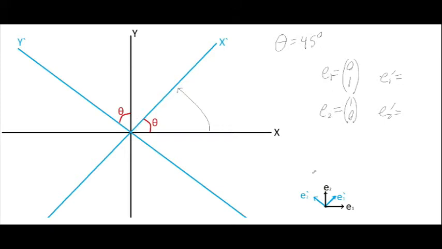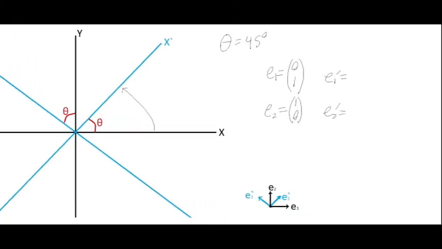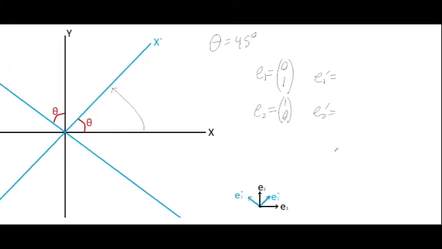I talked about in the previous video that to perform a rotation we will use a matrix that looks like this: cosine theta, sine theta, negative sine theta, and cosine theta. So that is our transformation matrix.